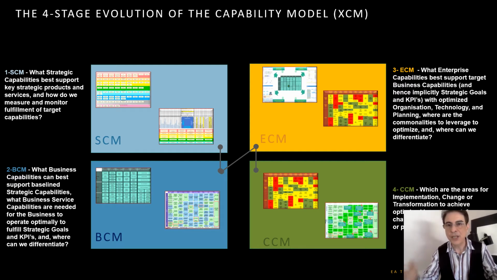So the only artifact we've mentioned, we have only one key artifact, which is a composite artifact. We have one single document in which we see SCM, BCM, ECM, and CCM as they evolve. And this is it.